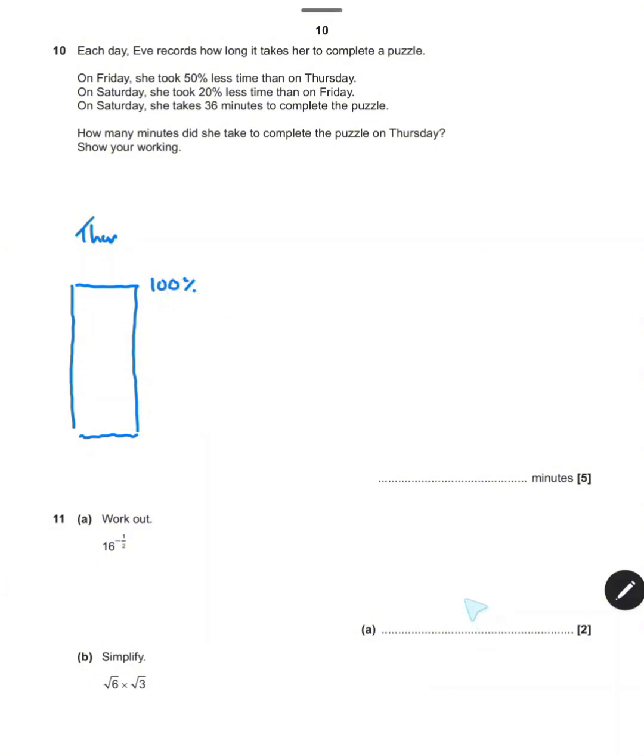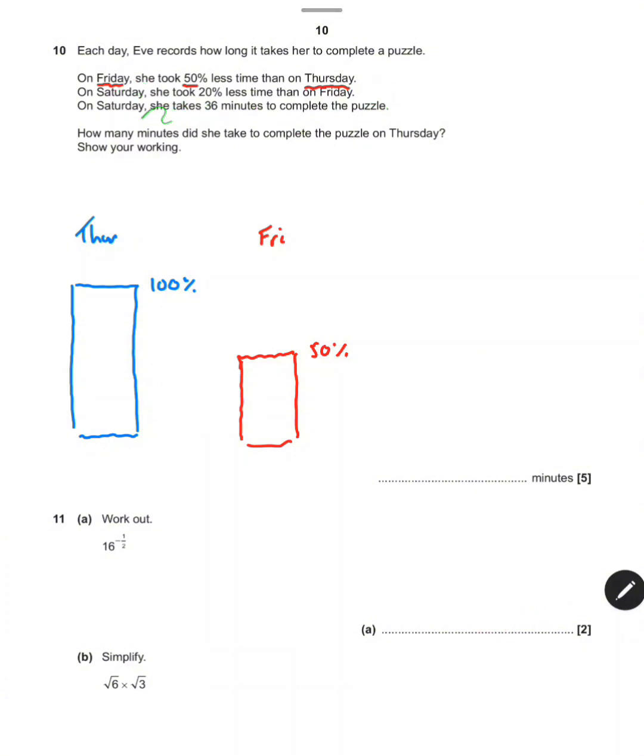That's the initial amount if you like. And then back to this first line, it says on Friday, she took 50% less time than on Thursday. So Friday will be 50% less than this. Well, 50% less than the 100% is 50%.